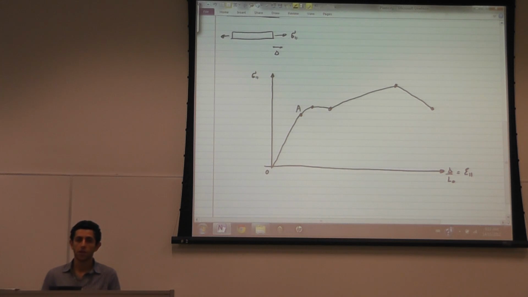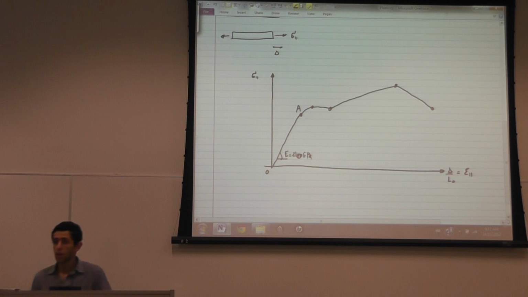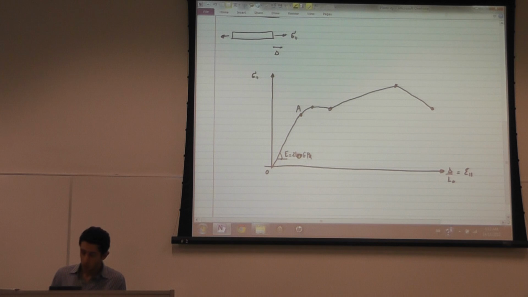The more you increase sigma 1, epsilon 1 increases linearly, and for steel, the slope is always around 210 gigapascal, and varies according to the metal. For aluminum, you've got a different Young's modulus, but for all the steels, you get around 210 gigapascal.